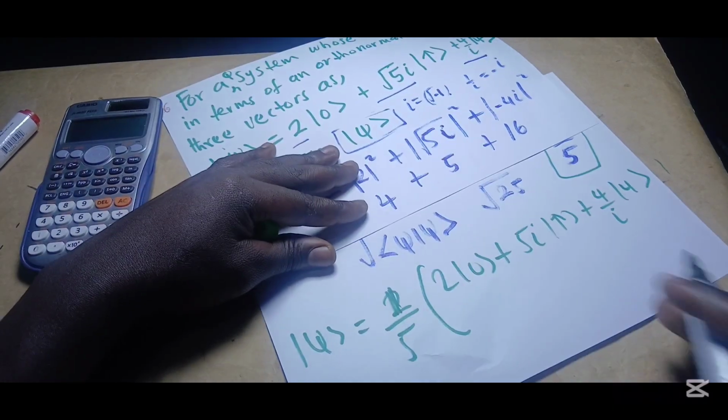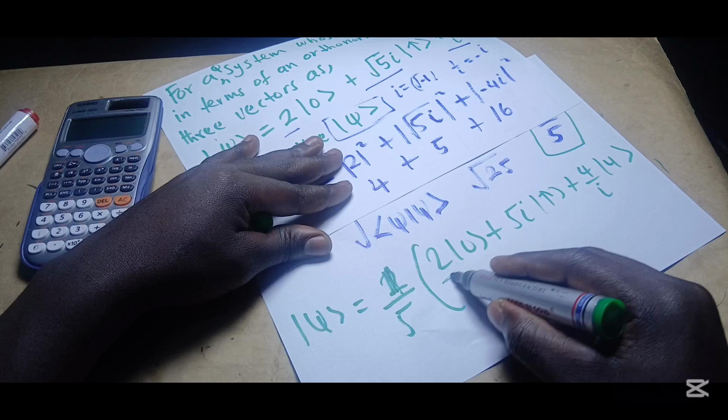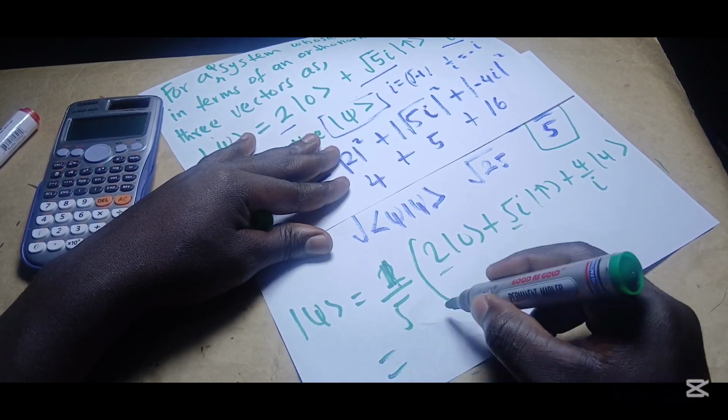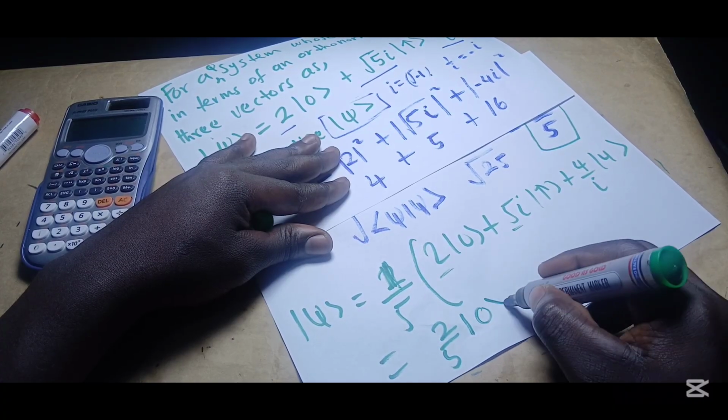Okay. So if we multiply 1 over 5 throughout, 1 over 5 multiplied by 2 is only going to affect the coefficient. So 1 over 5 multiplied by 2 is going to give us 2 over 5, and you write everything else as it is.